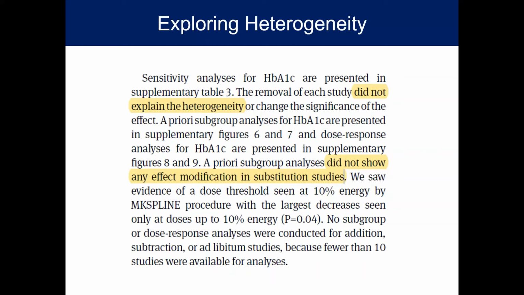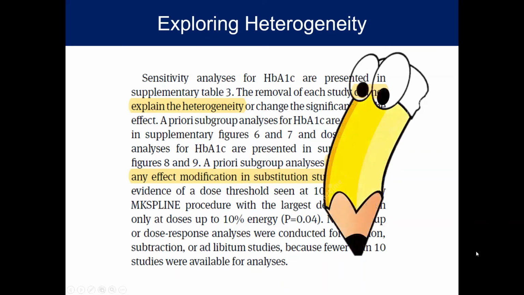Check the text results of your SRMA, where sensitivity and a priori subgroup analyses results are presented, to see whether the authors describe if any heterogeneity, that is, if it was significant in the analysis, was explained. And make a note of whether any significant heterogeneity was found in the main analysis, and if so, whether or not it was explained by sensitivity or subgroup analyses. Then you can record your notes in question 15 of your worksheet.